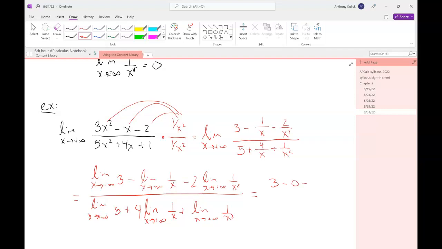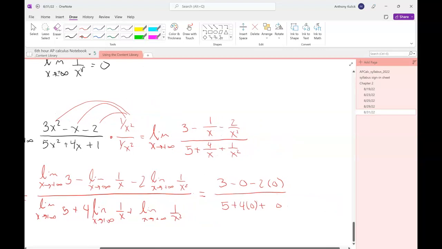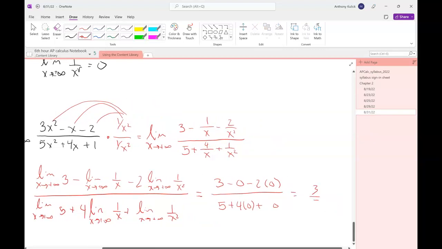And the limit as x approaches infinity of 1 over x squared is 0. I just have the 2 left over. And the limit as x approaches infinity of 5 is 5, and then the next limit is 0. I'm going to put the 4 there just to show you that I did something with it. And the last limit is 0. So this just turns into 3/5.